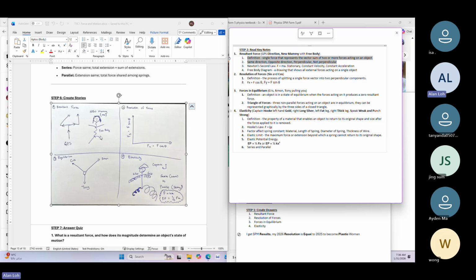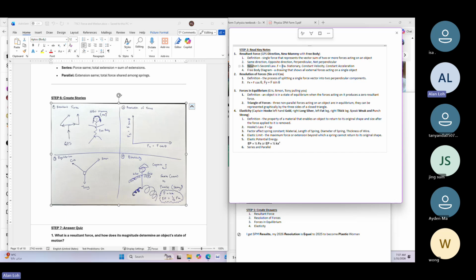Okay. Second object over here is a new mummy. Okay. This is a new mummy, not the old mummy that you have today. A new mummy. Why is it new mummy? It's because Newton's second law. Newton, the new. I took the new. So Newton is representing in the new mummy. Why mummy?